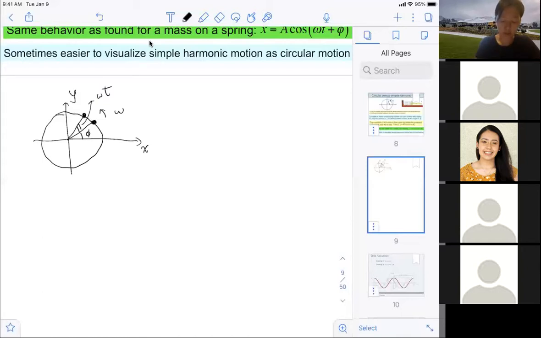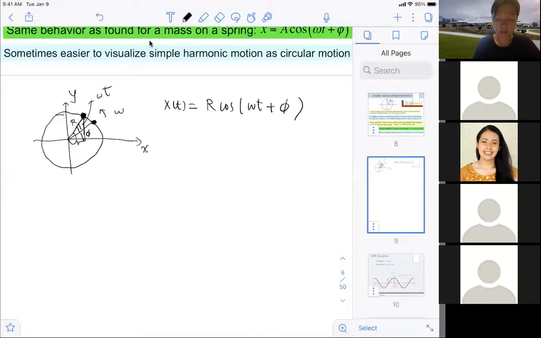So you can see that the x position of this object right here, the x as a function of time, is the radius r times, in this triangle, the cosine of the angle. So this angle would be omega t plus the initial angle the object had, omega t plus phi.